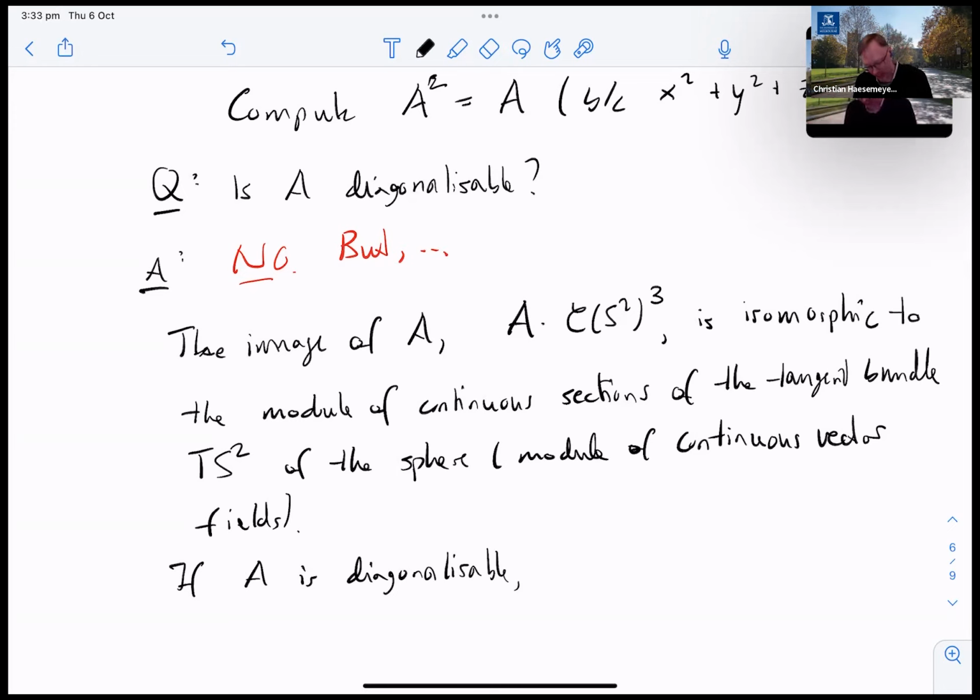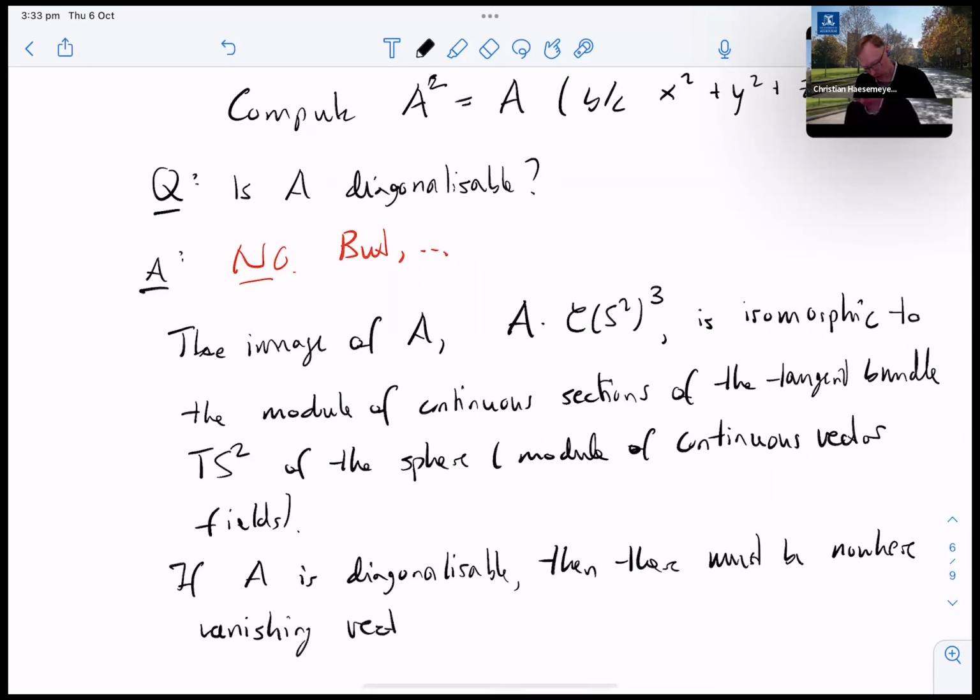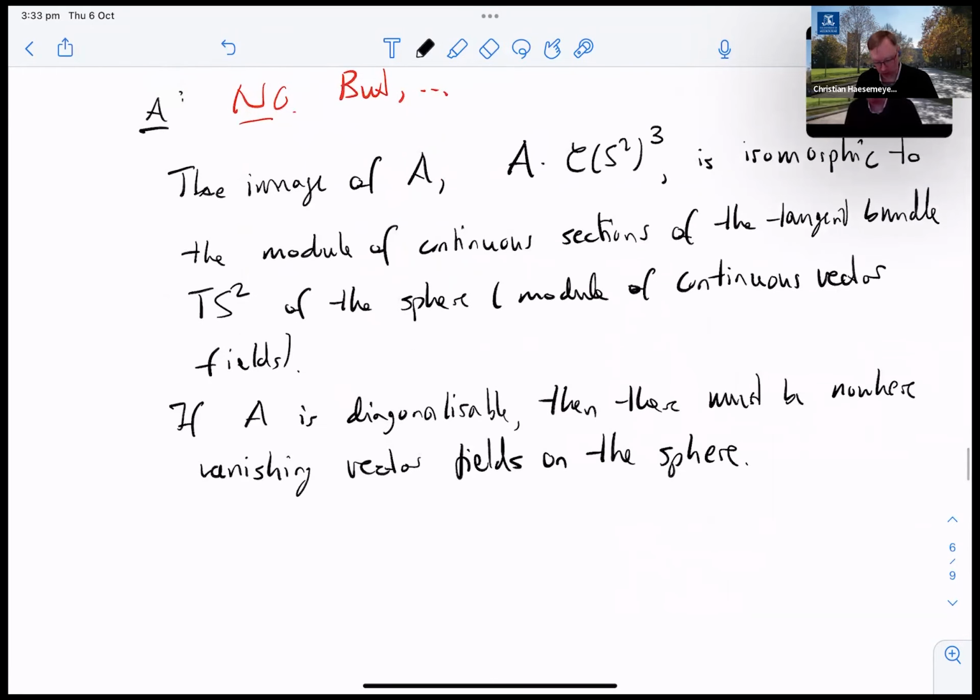So if A is diagonalizable, then there must be, well, 2 linearly independent, but at least 1 nowhere vanishing vector field on the sphere. Well, we know that this is not true.